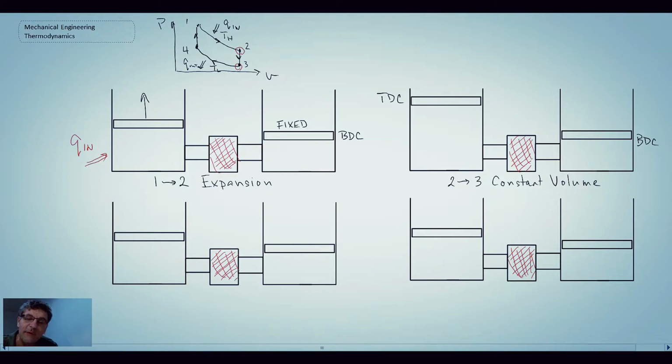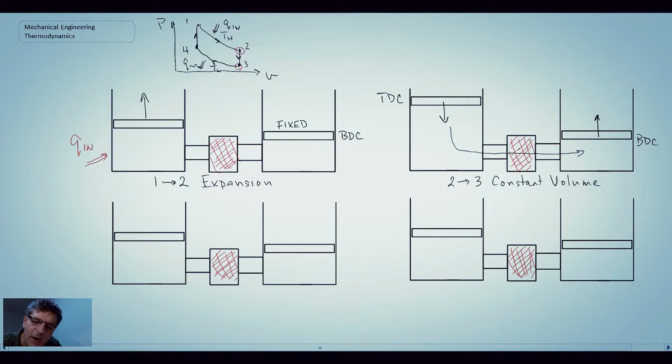Now what's happening, this is a constant volume process. So that means that these two pistons need to move at the same rate, at the same velocity. So they're moving in unison. And while that is taking place, what happens is the working fluid then gets passed through the regenerator. And remember, it was hot because that's the hot cylinder.